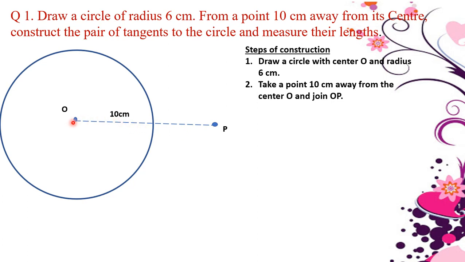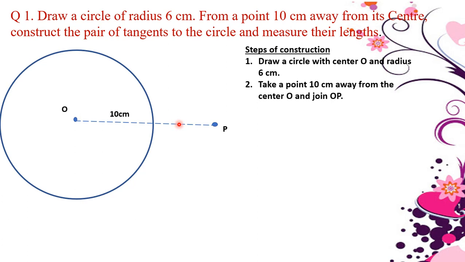Now we have to draw the perpendicular bisector of this line segment OP. As we know, for the construction of the perpendicular bisector of a line segment, we have to open the compass more than half of the given line segment.